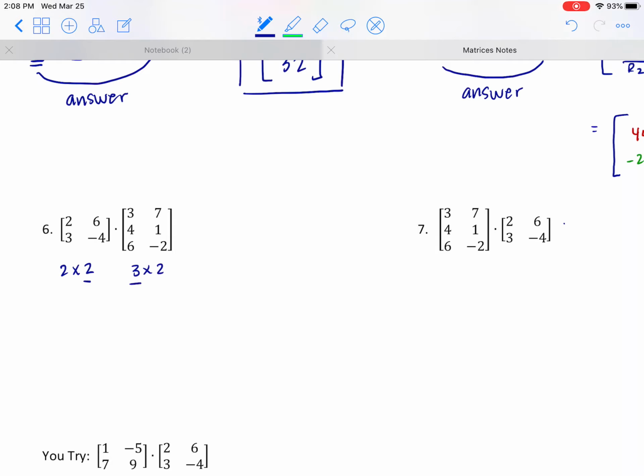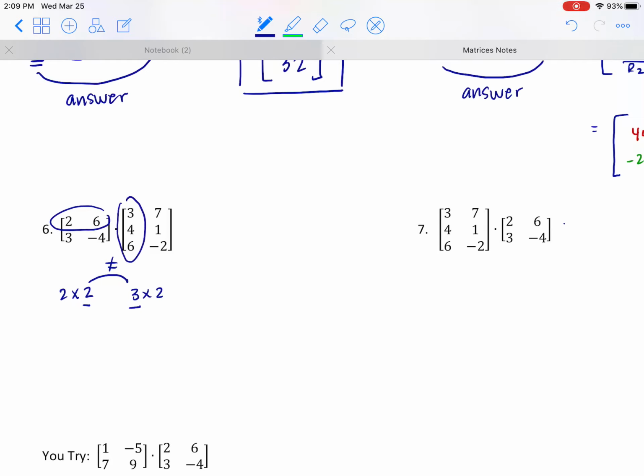So the number of columns in the first has to equal the number of rows in the second. If these two numbers are not equal, then it is not possible to multiply these. And just think about how we were managing before.